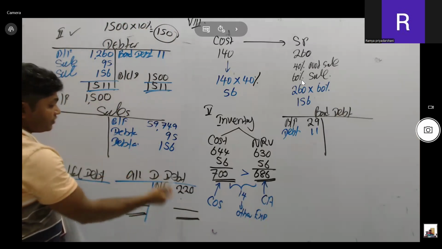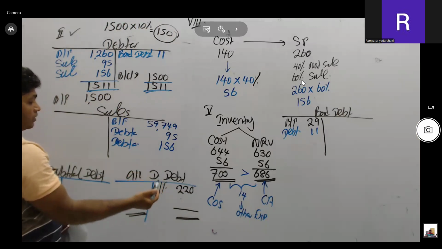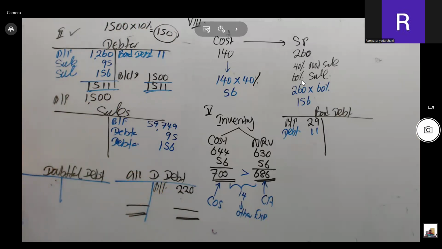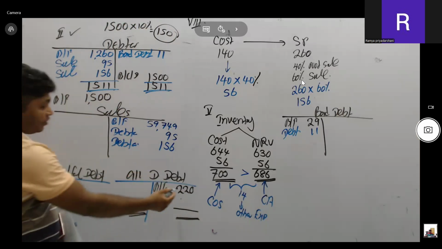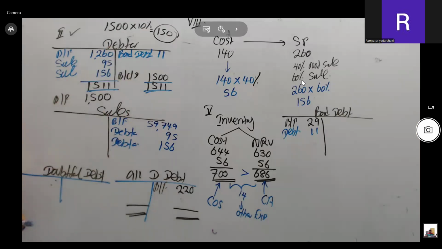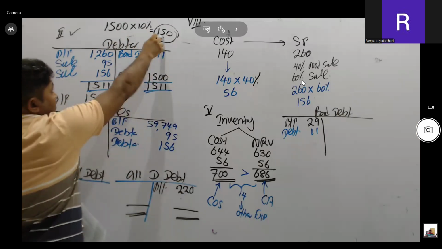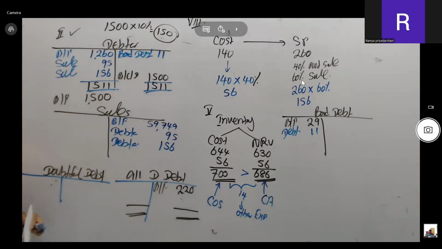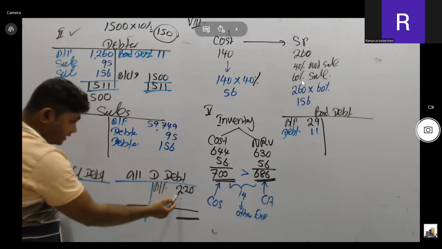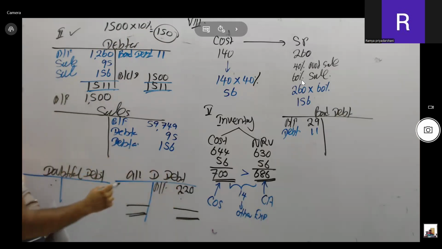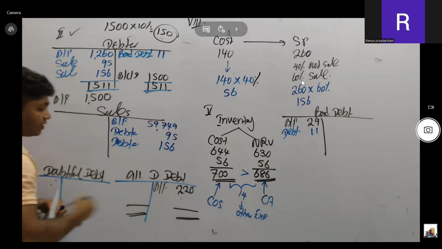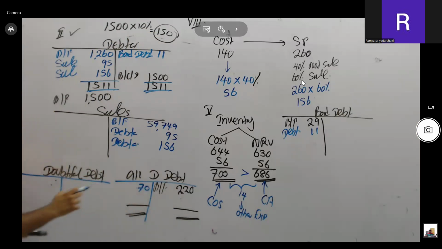Opening balance is the higher value. Therefore, over provision. If an opening balance has been given, the difference value should be recorded. The difference between 150 and 220 equals 70. Opening balance is higher, so it is an over provision. Therefore, allowances for doubtful debts account debit 70, doubtful debts expense account credit.